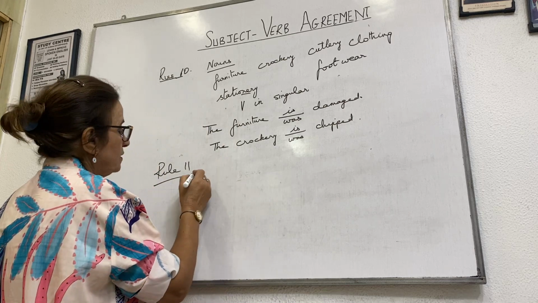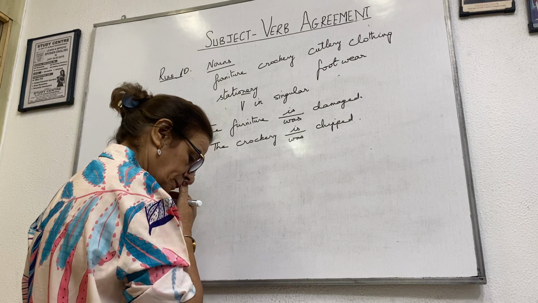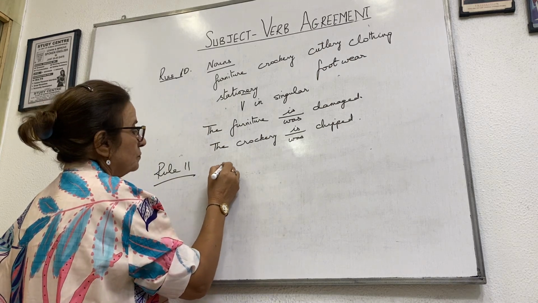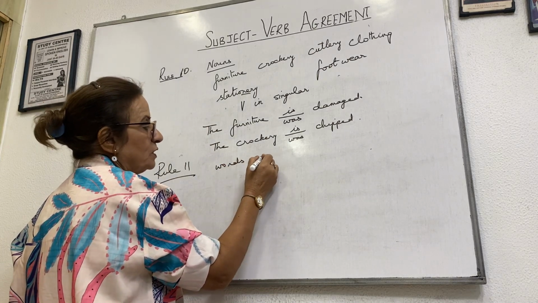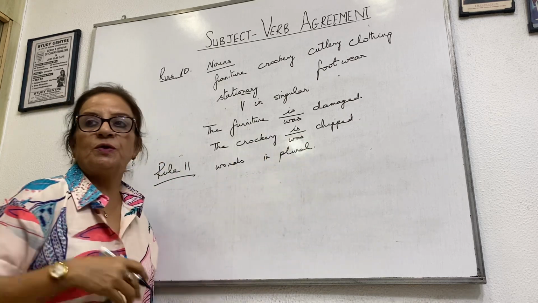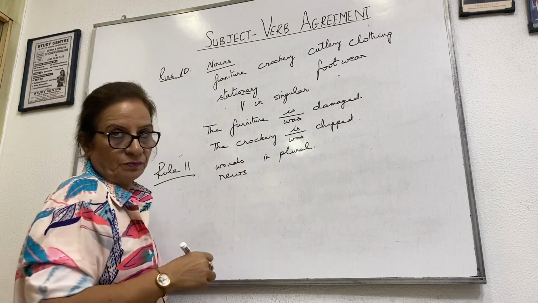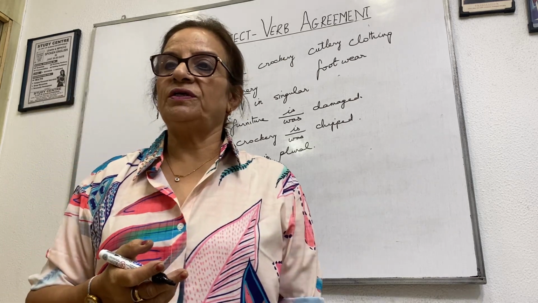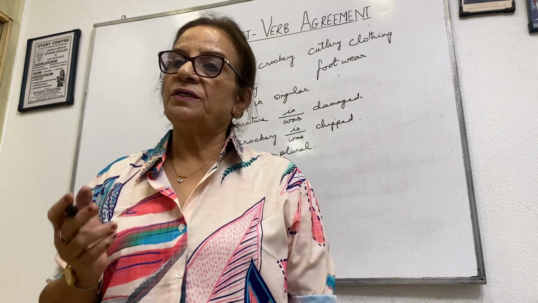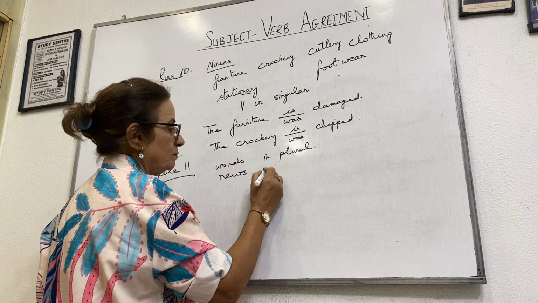There are some words which are always used in plural. For example, news. We never say new is coming on the TV. News is always used in the plural. Politics.